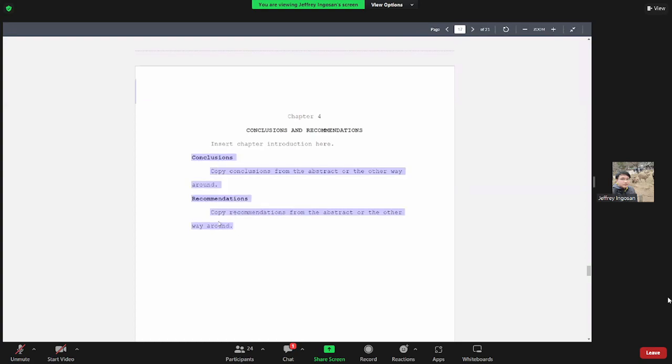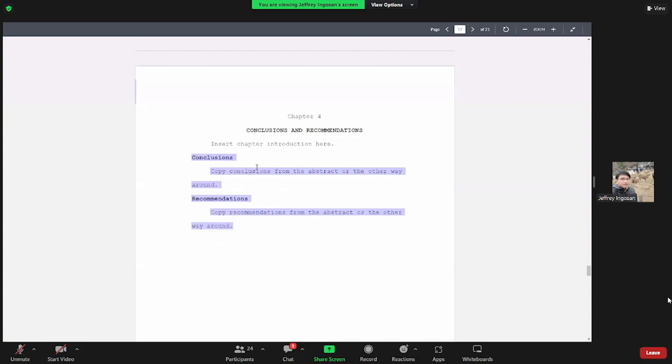Sometimes students start writing the conclusions and recommendations in the abstract first, and then just copy them into chapter 4. Or if you started writing them in chapter 4, you just copy that into the abstract. They should be exactly the same, even the introduction of the conclusion and the items in the conclusion.